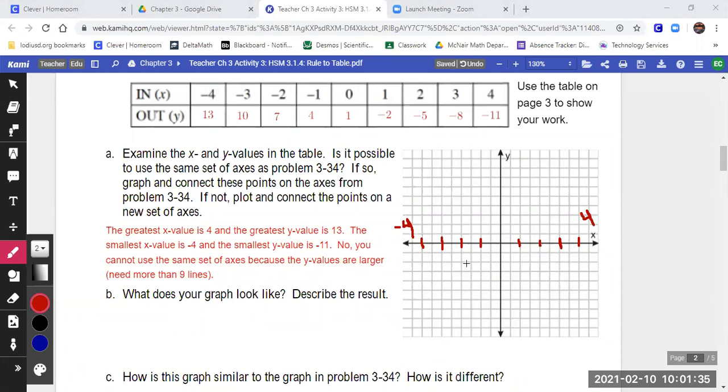Because I only have 9 lines. So what must I be doing the y's by instead of 1? What must I do the y's by instead of 1 so I can fit up to 13 and down to -11? Because there's only 9 lines, I can't go by 1s. So what must I go by?